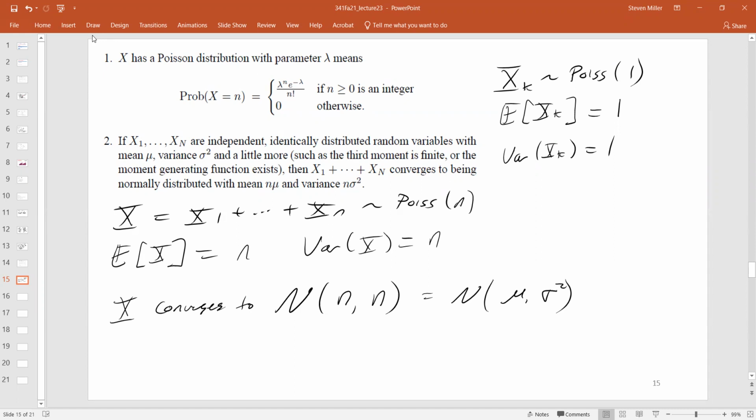So we know that X is converging to be normally distributed with mean n and variance n. But we also know that it's a Poisson random variable. What do you think is the most interesting place to evaluate this Poisson random variable? What choice of integer? We know that this sum is converging to a normal centered at n with variance n. So what's the one place we'd like to calculate?